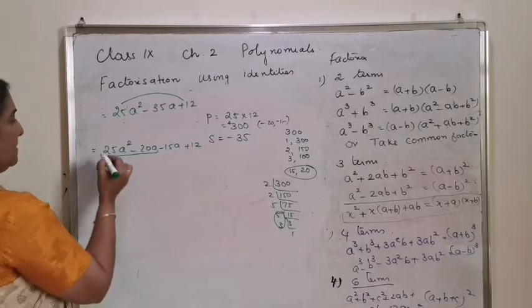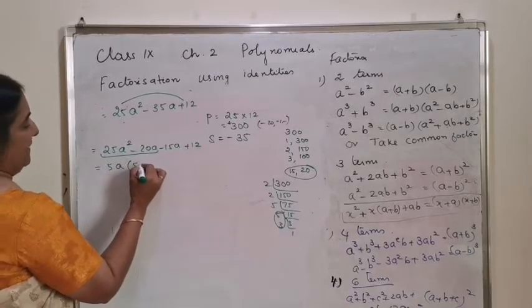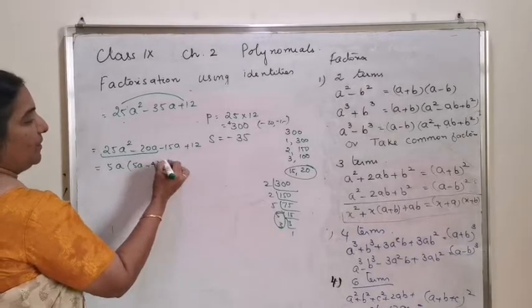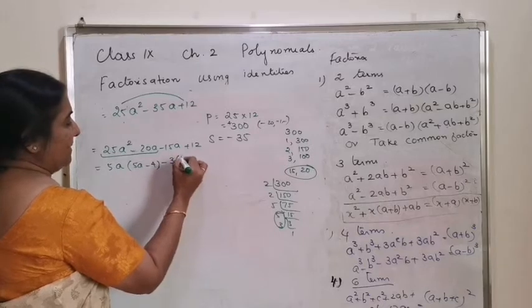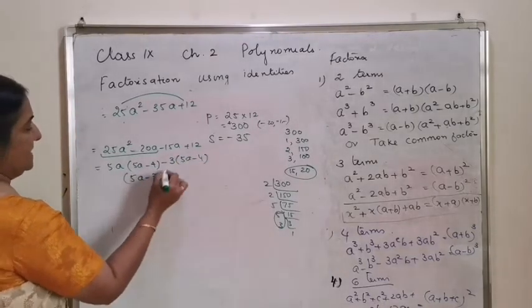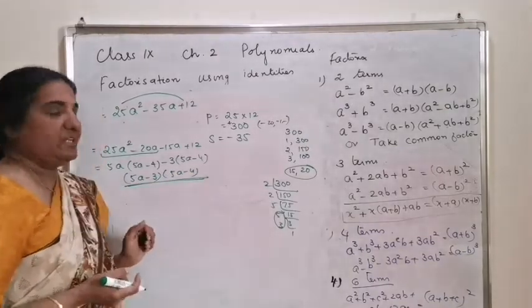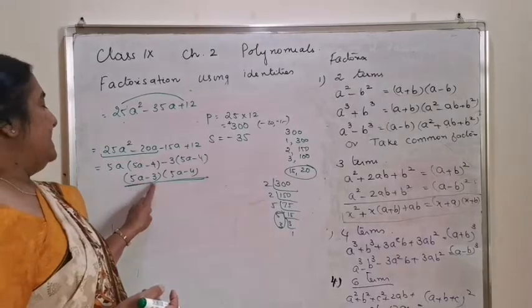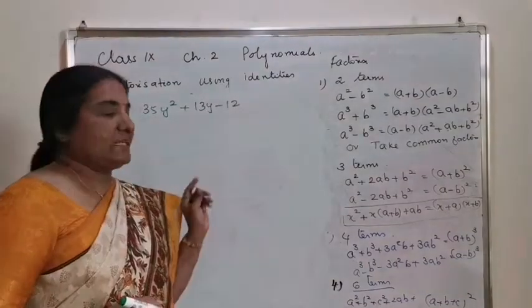For 25 and 20, the common factor is 5a, into 5a minus 4. For minus 15 and 12, the common factor is minus 3, into 5a minus 4. So the possible combination is 5a minus 3 and 5a minus 4. That is the first question.